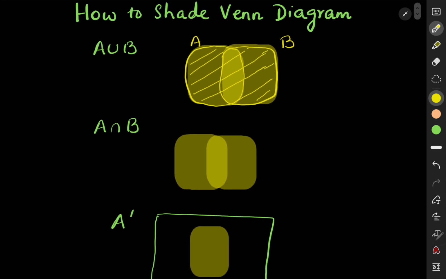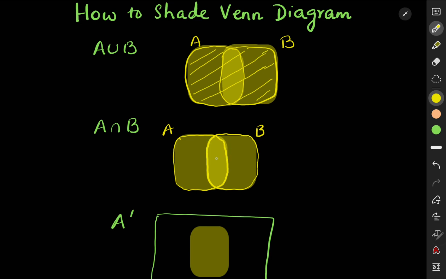Next is A intersection B. In intersection, we only take the overlapping members or overlapping region of the two sets, that is the common part of A and B. So here we have set A and the set B, some part of both the sets overlap with each other.